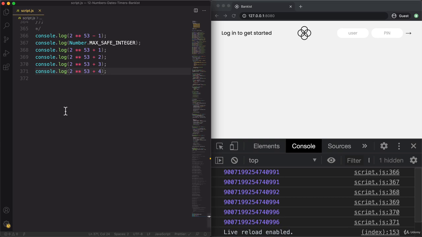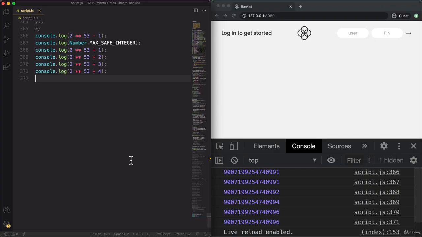Okay? So this can be a problem sometimes because in some situations we might need really, really big numbers, way bigger than this one here. For example, for database IDs or when interacting with real 60-bit numbers. And these numbers are actually used in other languages.